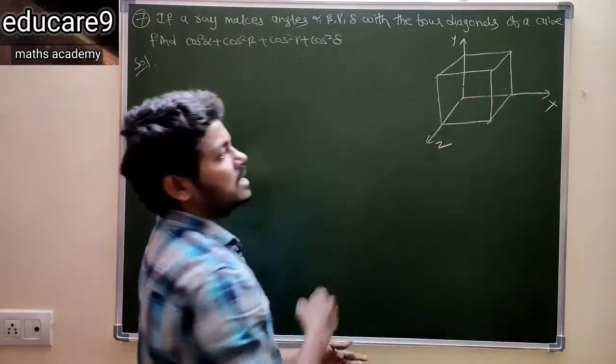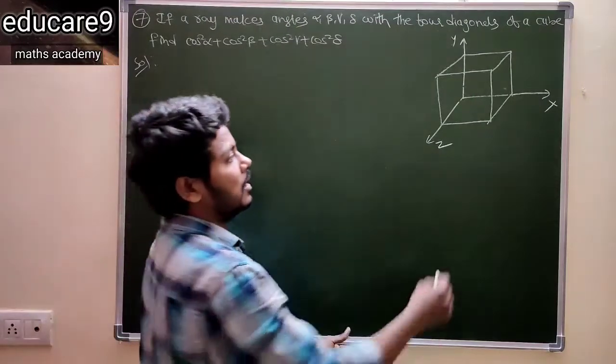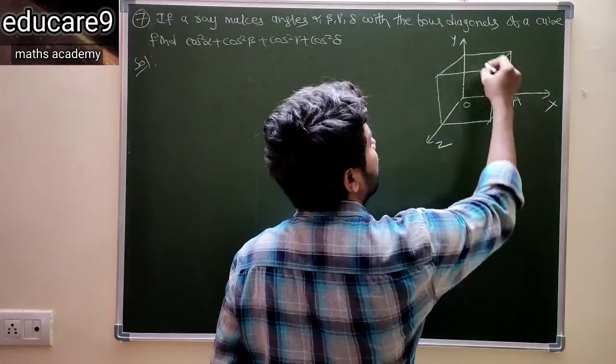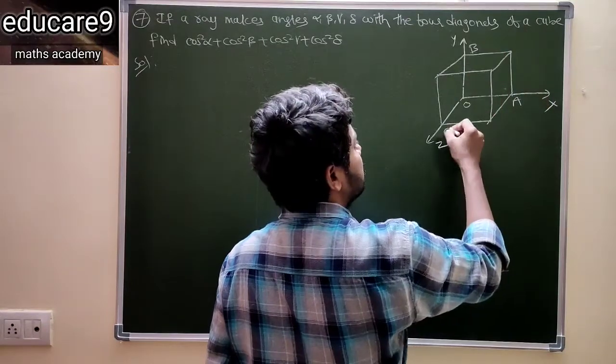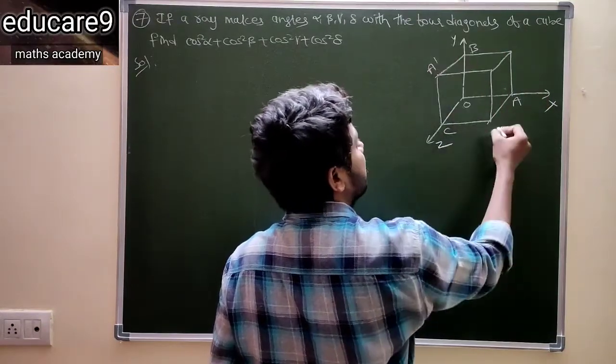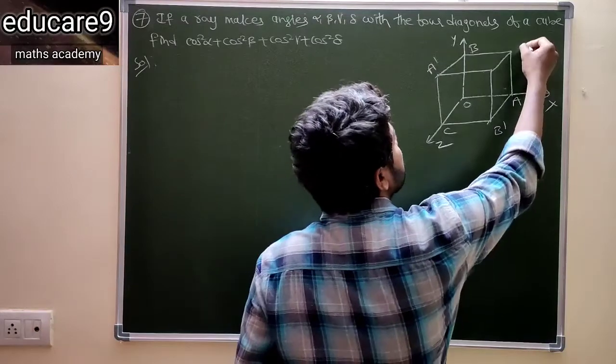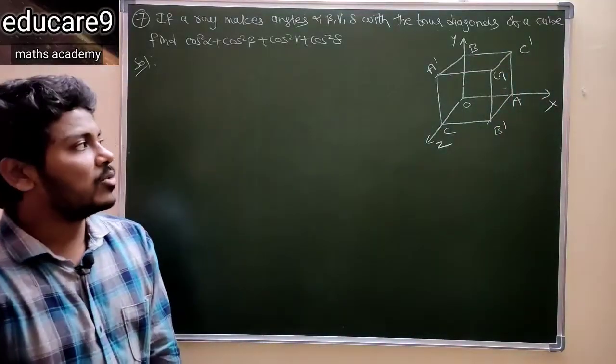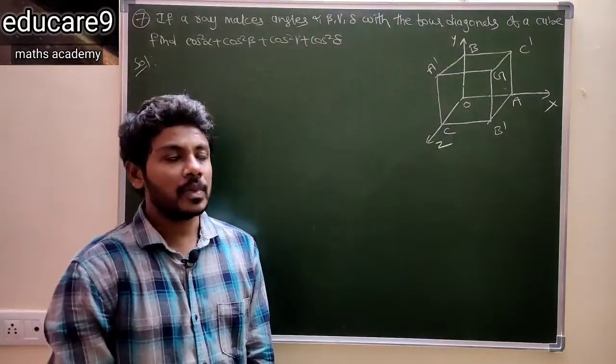So clearly this is a cube. And write the vertices of a cube: O, A, B, C, A dash, B dash, C dash and G. So these are the vertices of a cube. Now see here.